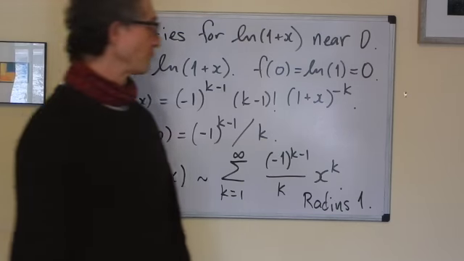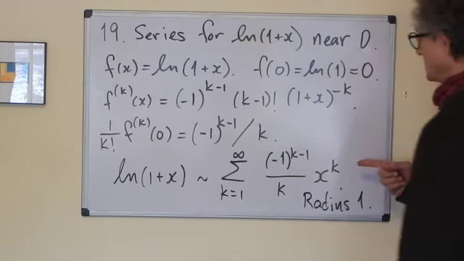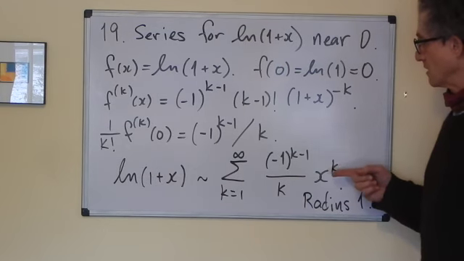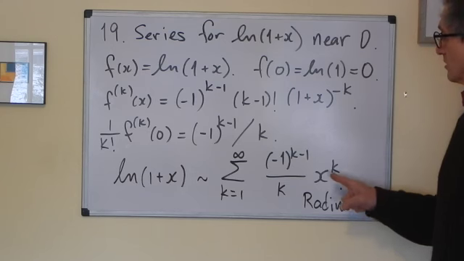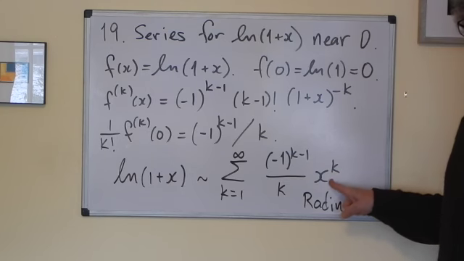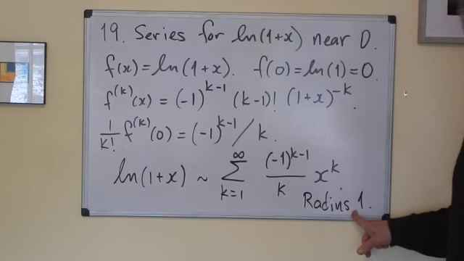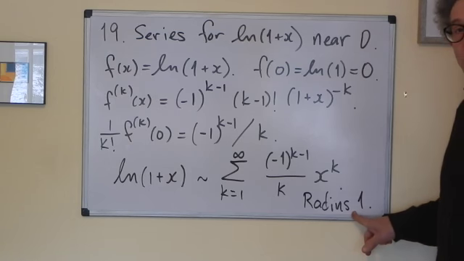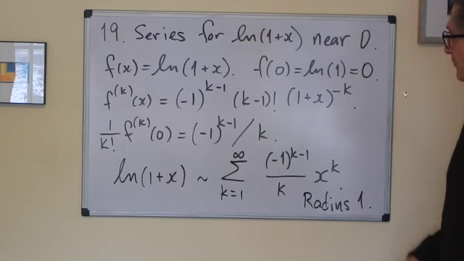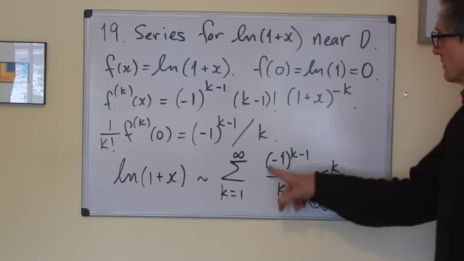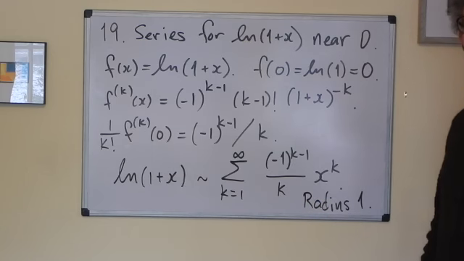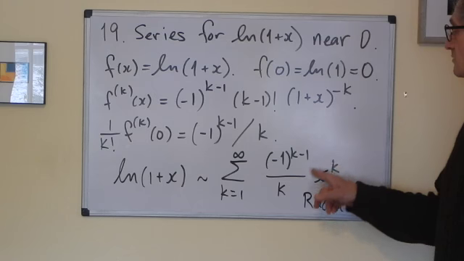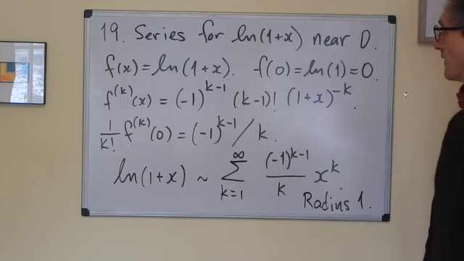Now if we examine this series just to ask ourselves, when does this series actually produce a number, then this series is convergent when the absolute value of x is less than 1. So its radius of convergence is 1. And of course it's an alternating series if x is positive. So when x is equal to 1, this actually converges.